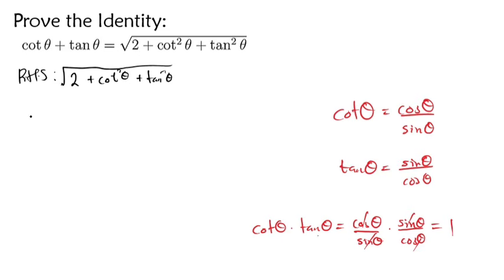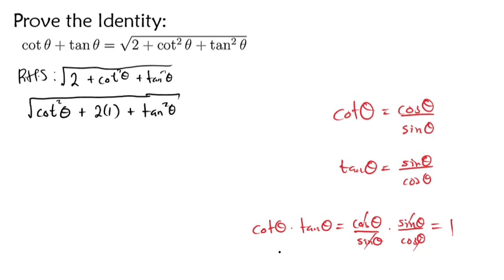So now I'm going to write this as, so I'll start with the cot square. That 2 that you see is the same as 2 times 1. Then we have the tan.